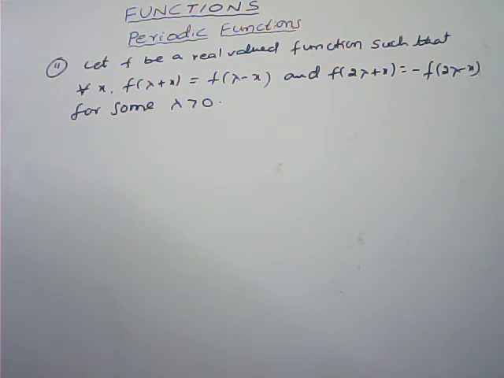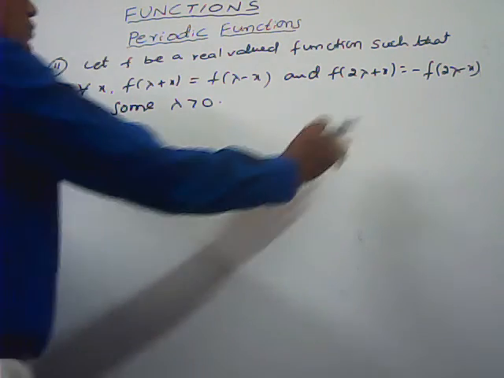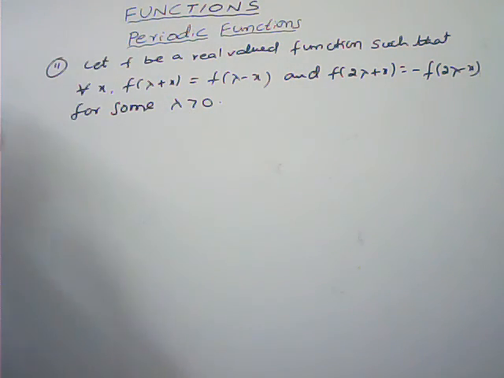Next one. Let f be a real valued function such that for all x, f of lambda plus x is equal to f of lambda minus x, and f of 2 lambda plus x is equal to minus f of 2 lambda minus x, for some lambda greater than 0. Here some options are given.